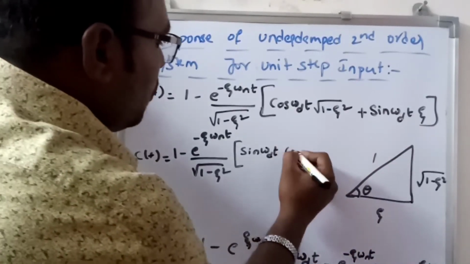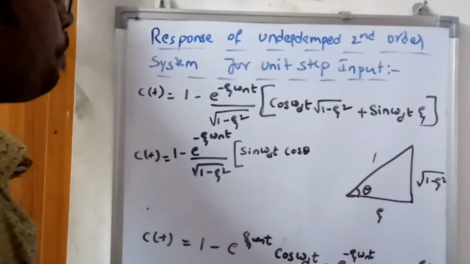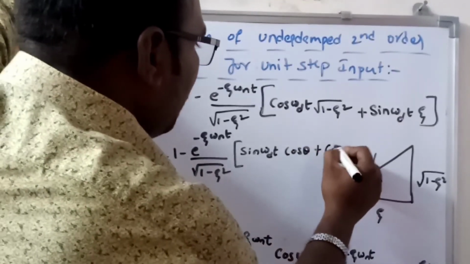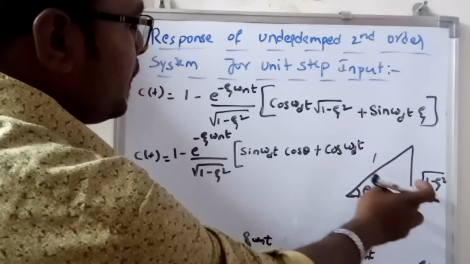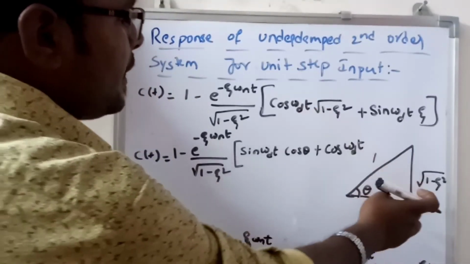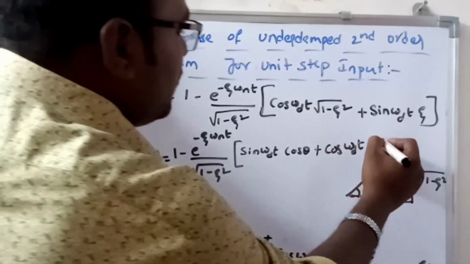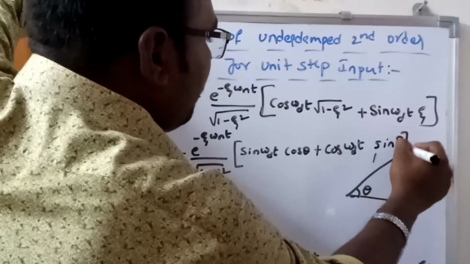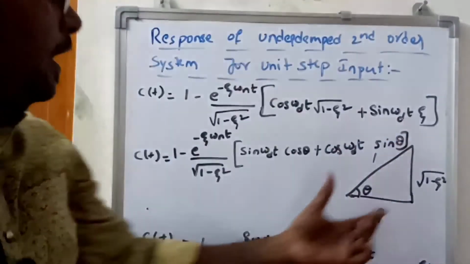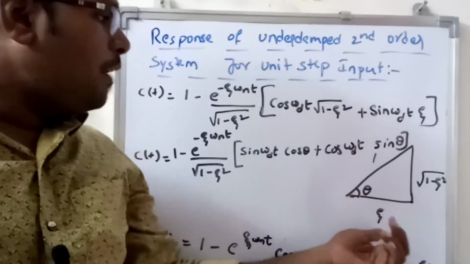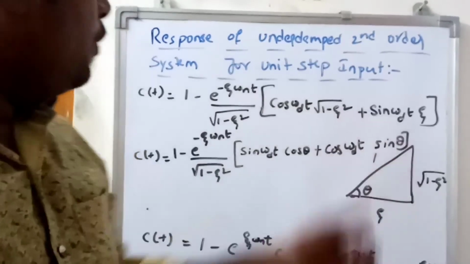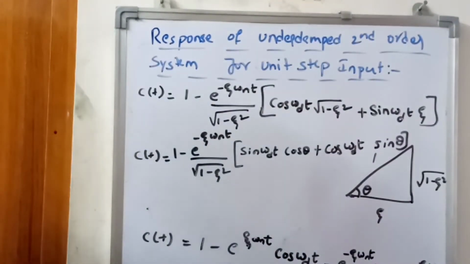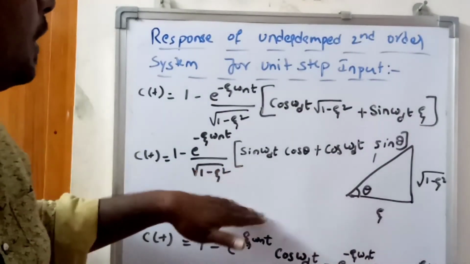So cos theta plus cos omega d t. See here, square root of 1 minus zeta square is sin theta, opposite side by hypotenuse. So sin theta, we can take this term by constructing these values in the right angle triangle, which is the standard form. So from this we are going to draw like this. Now the term will be like this.